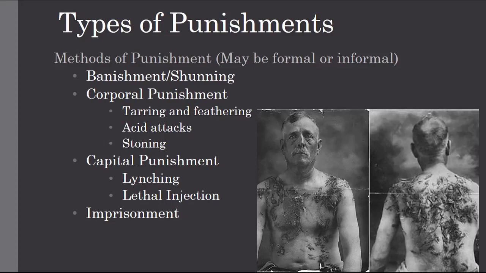One form of punishment that we can't really use in our society anymore is banishment or shunning. In this practice, the individual would be forced to leave society or the settlement. We can't do that anymore because just making you leave doesn't really make you go away in our society anymore. We have social media, we have means of communicating. So there's that.